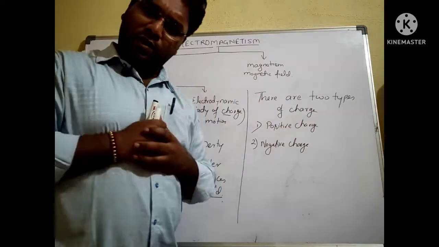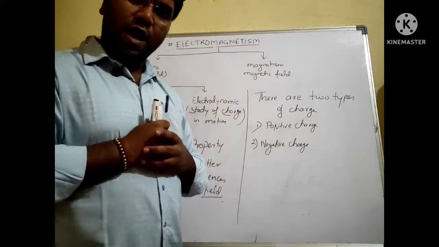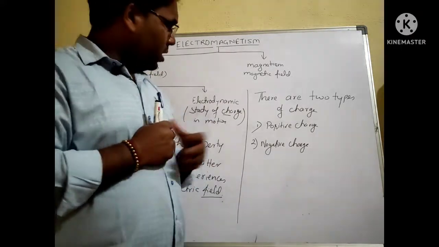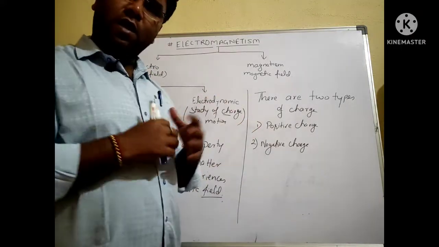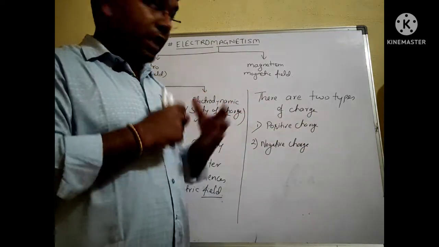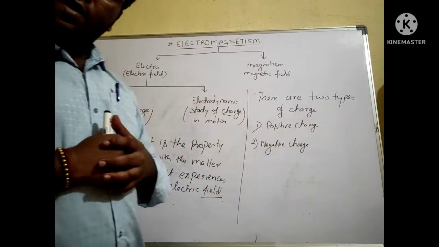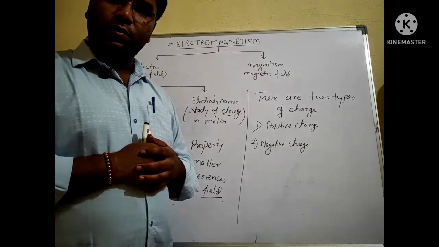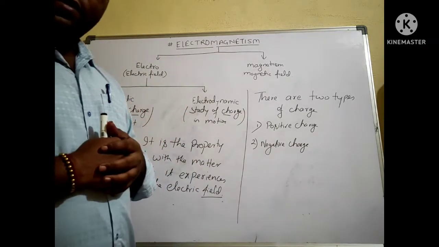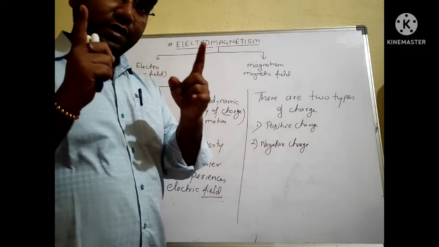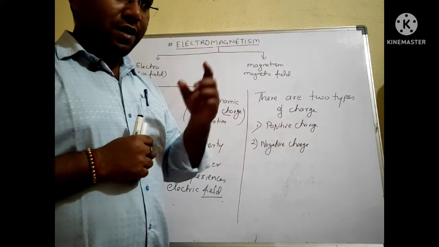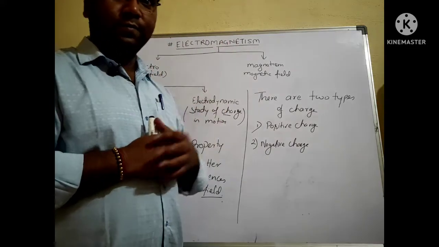So my dear student, you must question yourself, what is positive charge and what is negative charge, and how this charge can be created. Then you will find the answer is hidden in the atom.